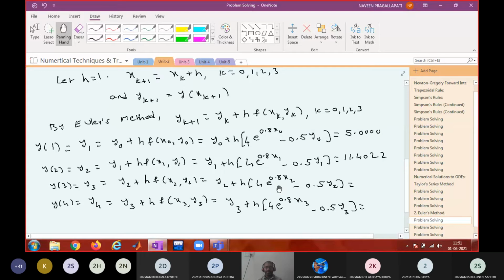x2 value is 2, h value is 1. y2 is 25.5132.